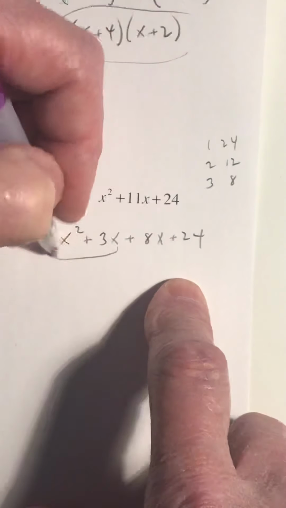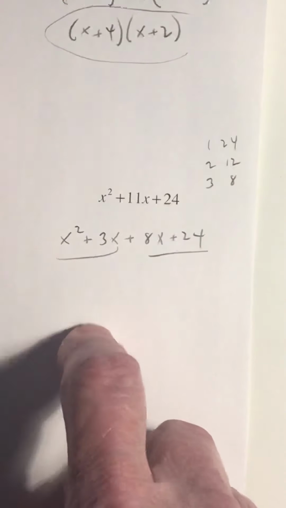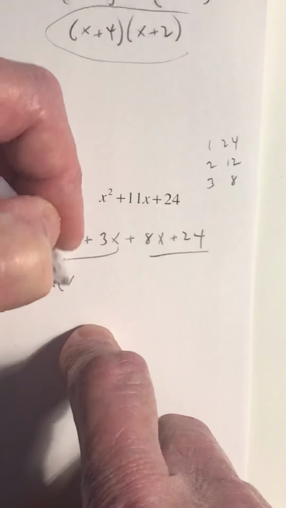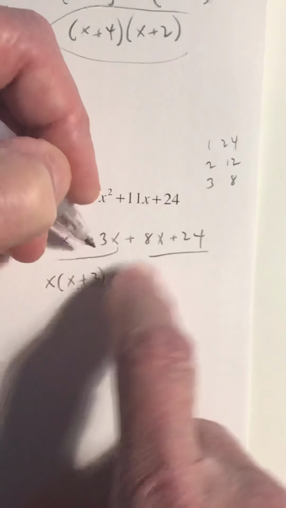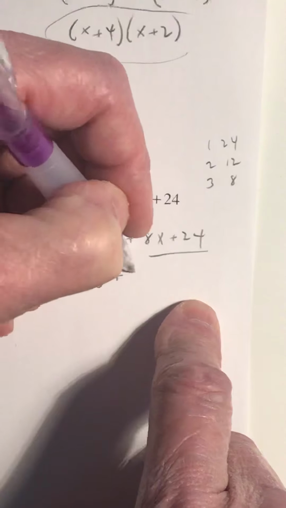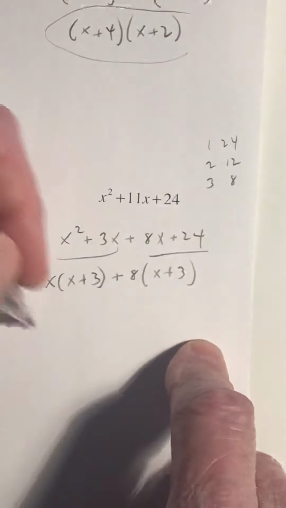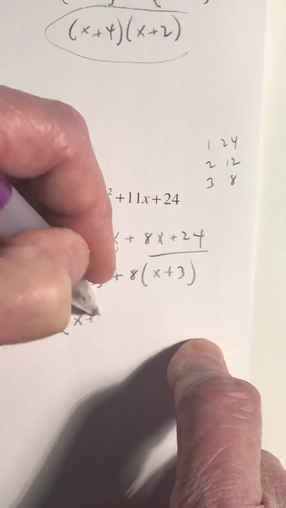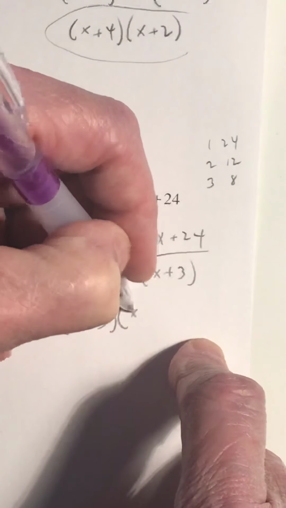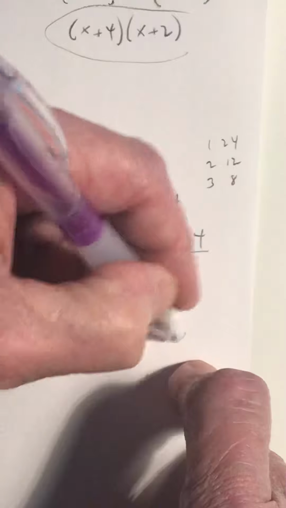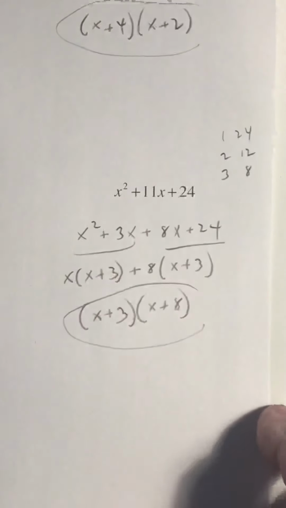And now I'm grouping, group of 2, common factor x times x plus 3, common factor plus 8 times x plus 3, and answer x plus 3, x plus 8. End of page 1.